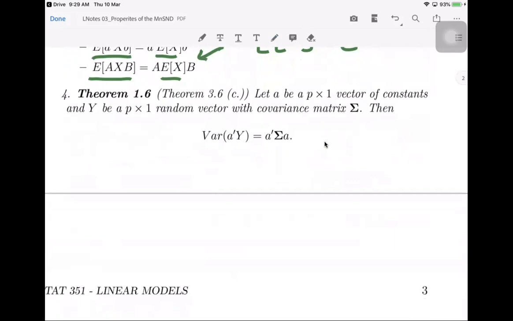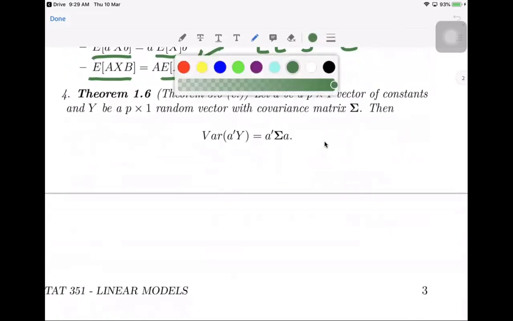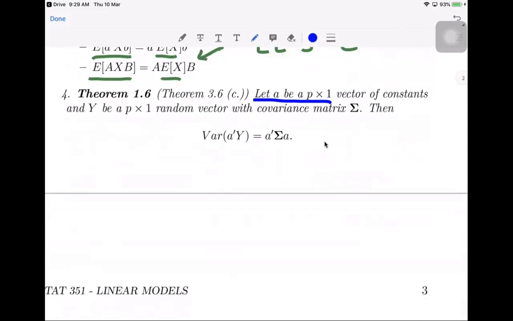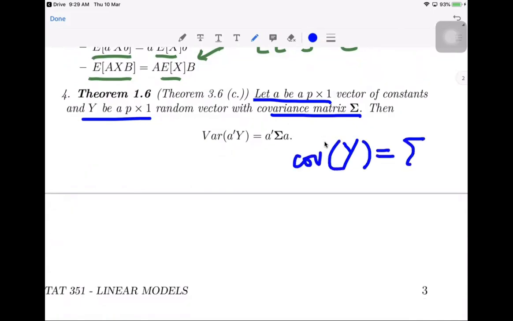Okay, so let a be a P by 1 vector of constants and Y be a P by 1 random vector with covariance matrix sigma. That is, the covariance of Y is equal to sigma.